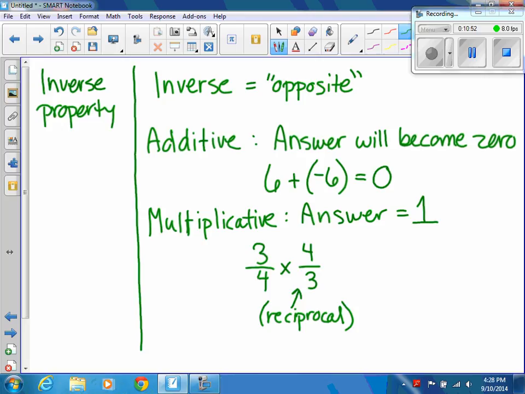When I multiply this out, I wind up with 1 because we have the 3's here, 3 and 3, they cancel out to become 1. The 4 and 4 cancel out to become 1. Or I could just say 3 times 4 is 12, and on the bottom, 4 times 3 is 12, and so 12 over 12 is equal to 1. Again, key thing to remember, additive inverse becomes 0 for my answer. Multiplicative inverse becomes 1 for my answer.